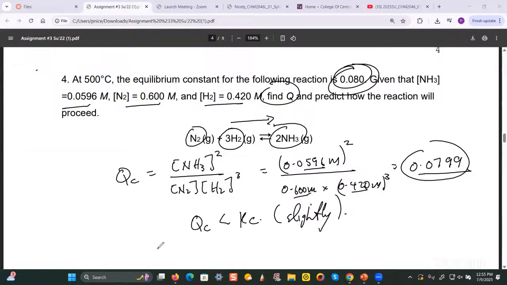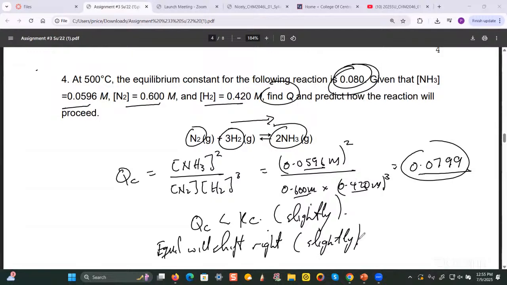So the answer is that the equilibrium will shift to the right. And again, I'm going to say slightly, right, because of the closeness between QC and KC. All right? Any questions?